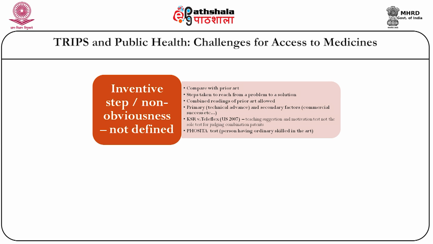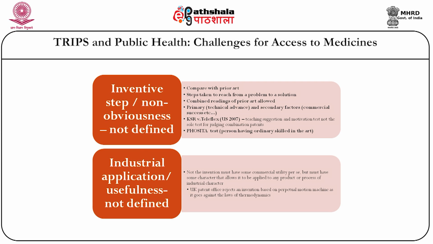Finally, industrial application or usefulness, the criterion of utility, again remains undefined, but as generally understood by WTO member countries, this does not require commercial utility per se. However, the particular product or process must have some kind of industrial application, in the sense that it can be applied in any particular industry, including agriculture.